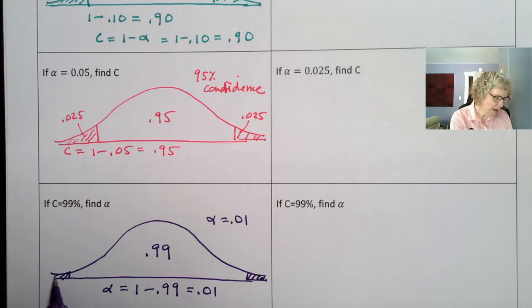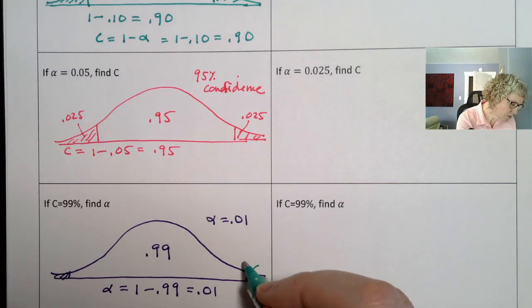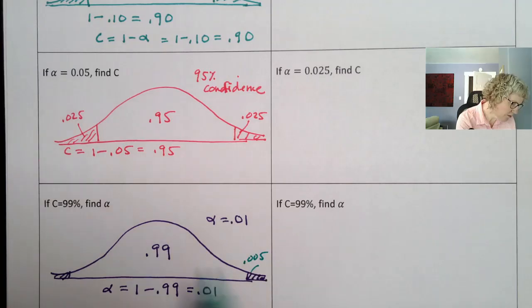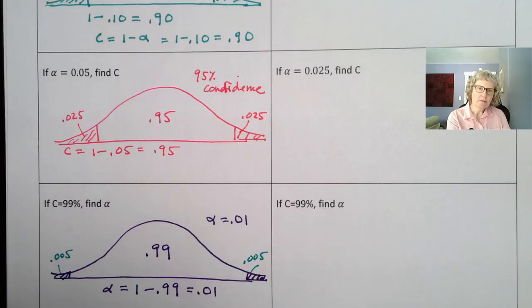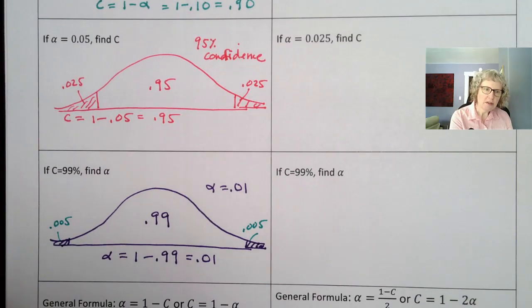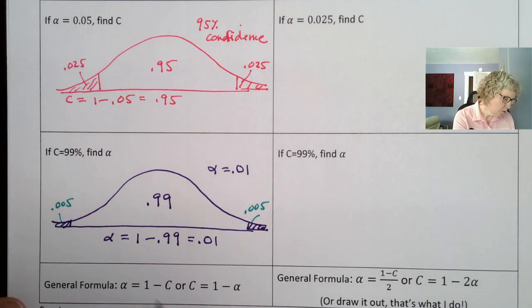Now we could cut that in half if you wanted to know each side, and actually that's kind of what we'll be doing for the one-tail test. So if you wanted to, that would be 0.005, right? Because it has to go smaller. Okay, so I bet from doing this you can kind of see the formulas, how they work.